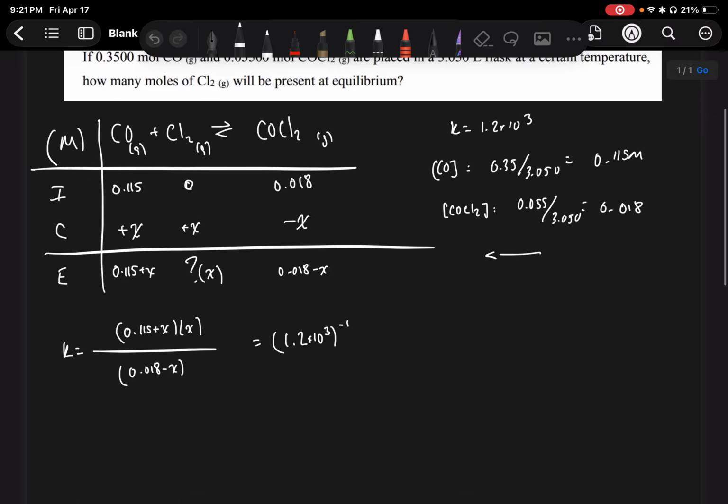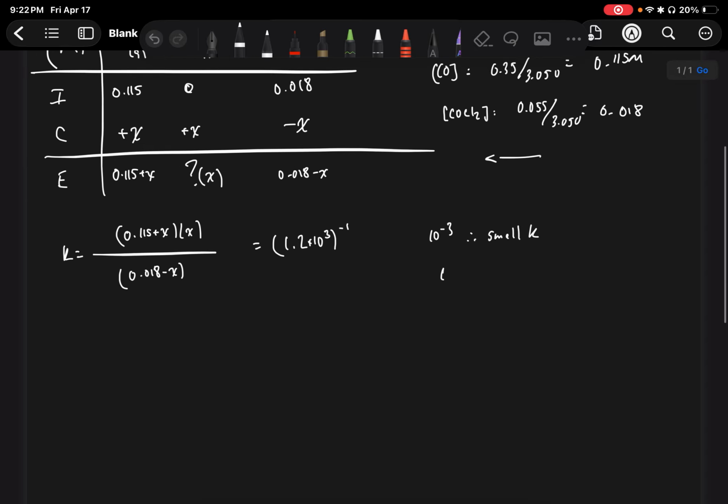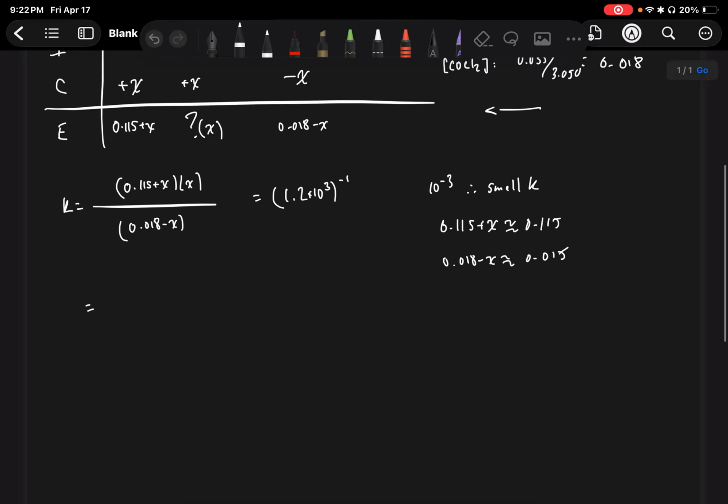Okay, so this is going to be 10 to the negative 3. That's going to be small k. So we could make the assumption that 0.115 plus x is 0.115, 0.018 minus x is 0.018. Nope.